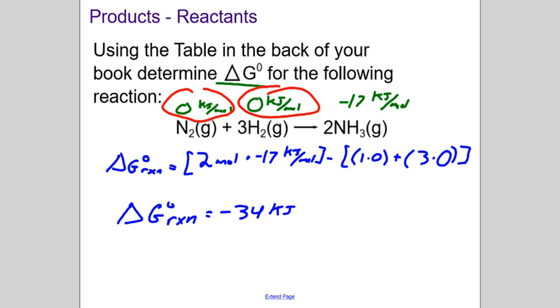So 2 moles of that product times negative 17 kilojoules per mole minus the reactants, well, that's 1 times 0 plus 3 times 0, so it's nothing. So it gives us negative 34 kilojoules. So this thing is thermodynamically favorable. So yes to it being thermodynamically favorable.